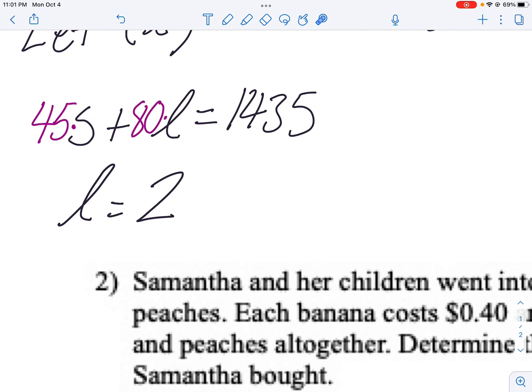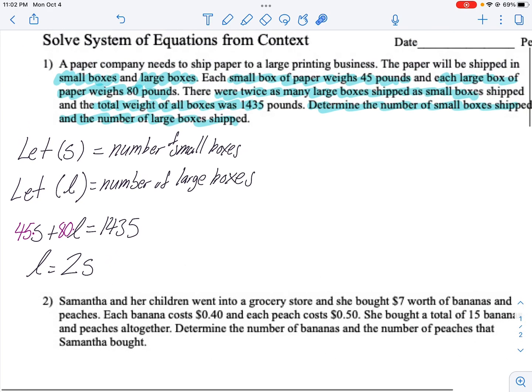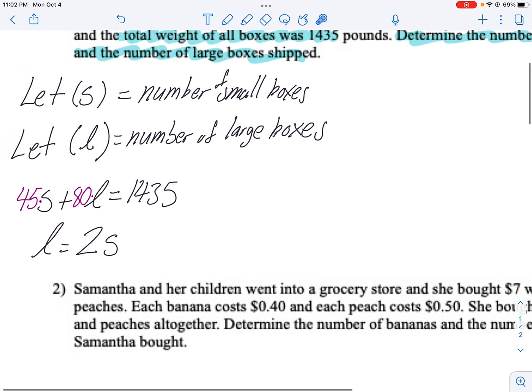We don't need the little dot, we know it's 2S. So if there were 10 small boxes, we plug in 10 here. 2 times 10 is 20. That would mean L equals 20, so 20 large boxes. And it says twice as many large boxes. Okay, that works. So now that we have our system, we're going to solve, right?